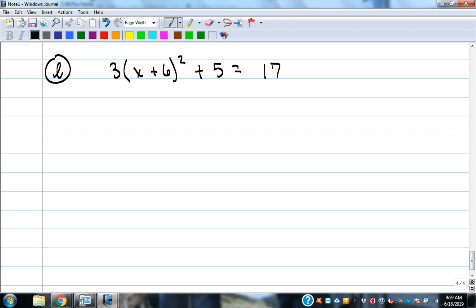Okay. So this one has a lot more going on. Not a ton more, but it's got a 3 out here in front of the squared part, and then the plus 5, and then the 17 over here.